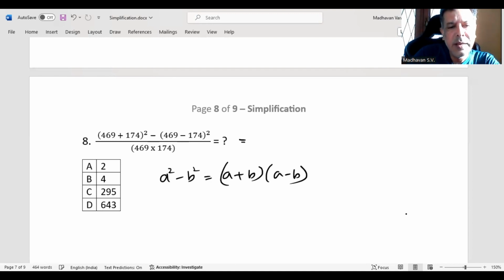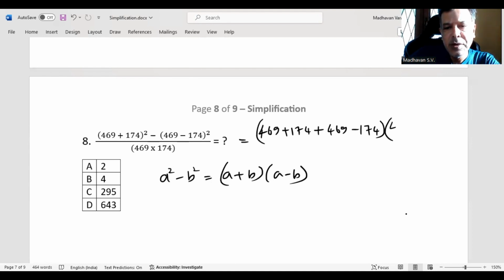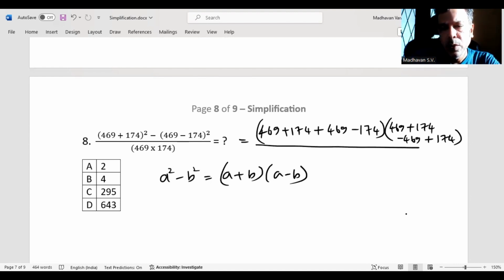So this we can write as a, that is 469 plus 174, plus b, that's 469 minus 174, times a minus b, means 469 plus 174 minus 469, minus minus becomes plus 174, the whole thing divided by 469 multiplied by 174.